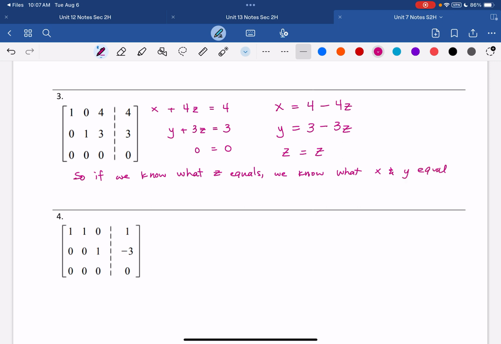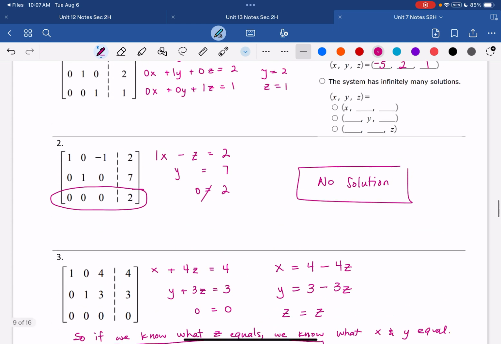Okay, so we could write this as x, y, z equals, and then in place of x, we can say 4 minus 4z. In place of y, we would say 3 minus 3z, and then in place of z, we'd say z. So that would be our solution.